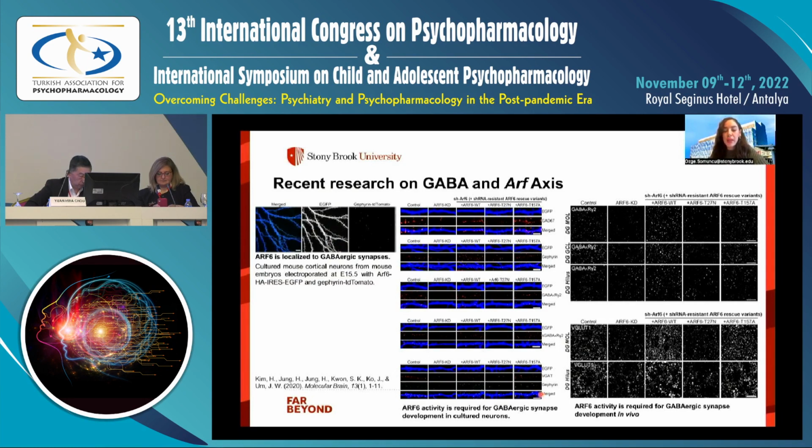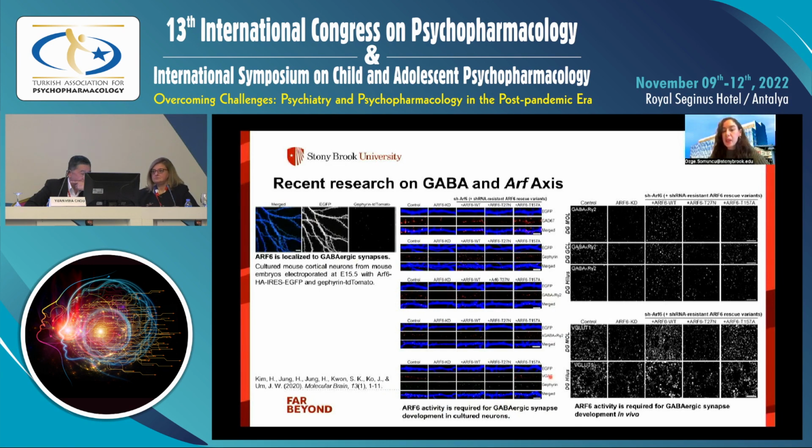And they found that its activity is indeed required for GABAergic synapse development. As you can see in here, when there are the mutant forms of it, when there is the knockdown of ARF6, the development of the synapse is not being employed. When you compare with the control, it's significantly decreased.